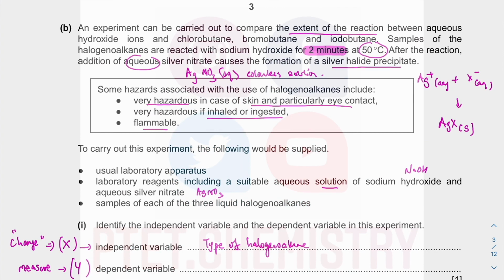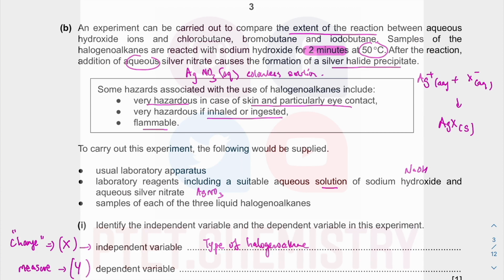Obviously, the weaker the bond, the shorter the time to detect the first hint of precipitate. The most reactive haloalkane will produce the precipitate the fastest, and the least reactive haloalkane will be the slowest. It will give you the precipitate after a much longer time.